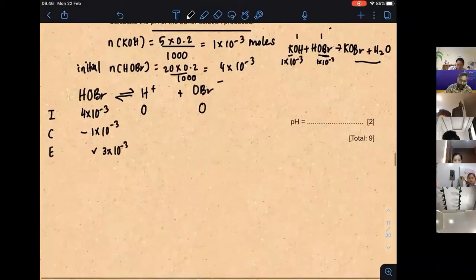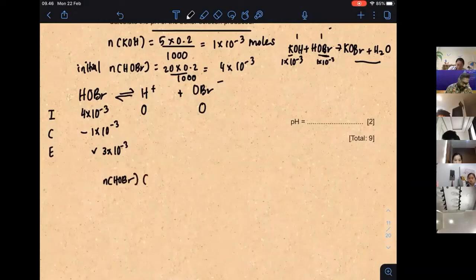Or you can say the number of moles of HOBr at equilibrium is 4 times 10 negative 3 minus 1 times 10 negative 3, which gives 3 times 10 negative 3. Now we also need to find the number of moles of OBr minus at equilibrium.